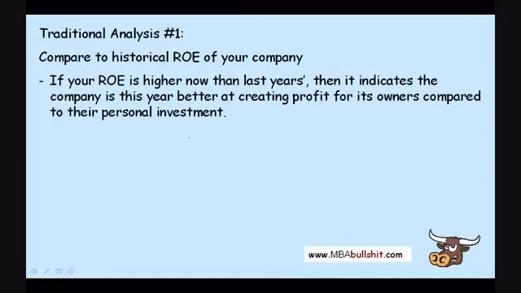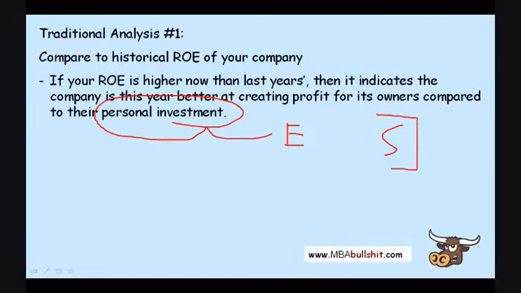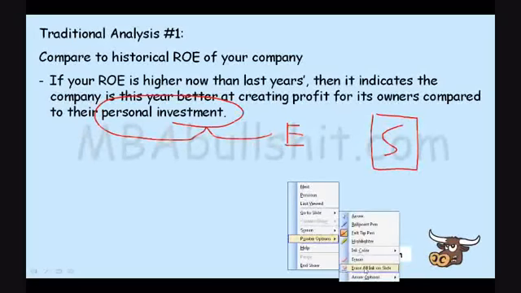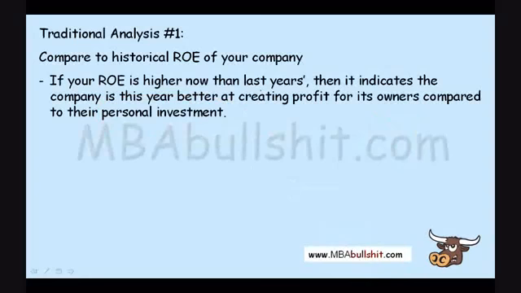But like I said, the flaw here is that this personal investment is valued using the value of equity instead of stock value, which could be more correct. But anyway, traditionally, a higher ROE now means that the company is better at creating profits for its owners compared to their personal investment this year.